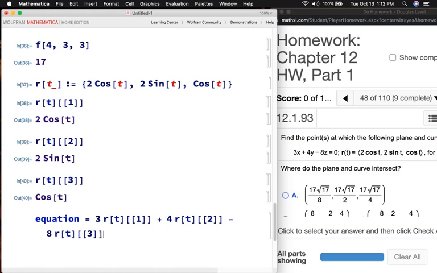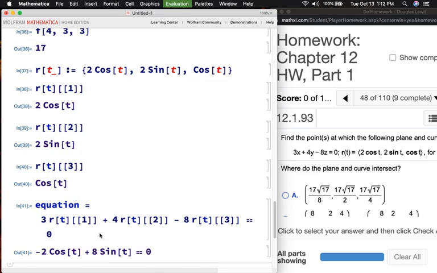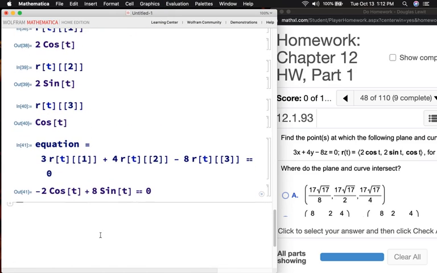So 3, 4, and negative 8, and it's equal to 0. So I end up with this equation, negative 2 cosine t plus 8 sine t is equal to 0. And I have to solve this equation.